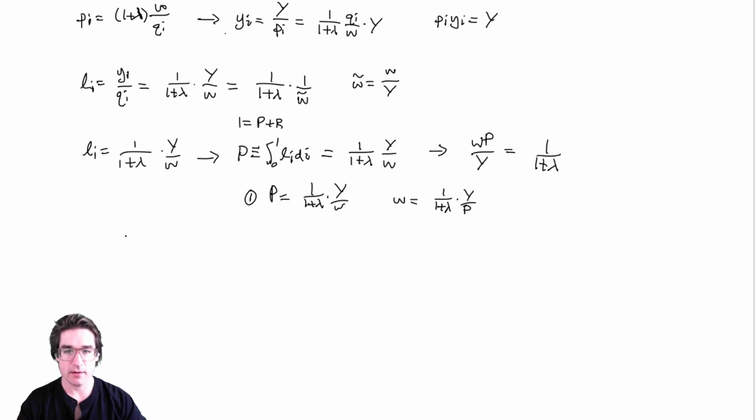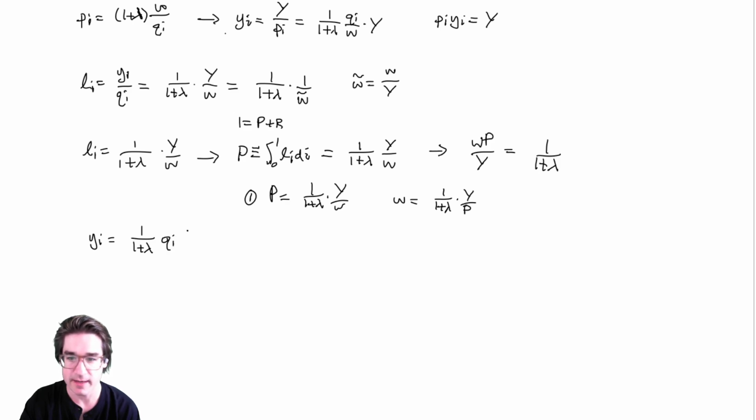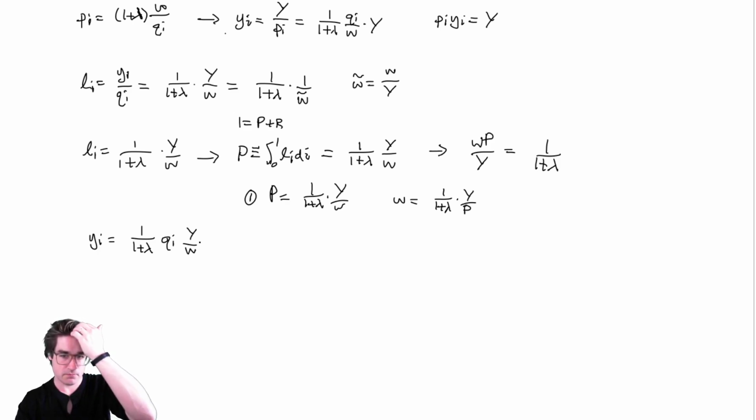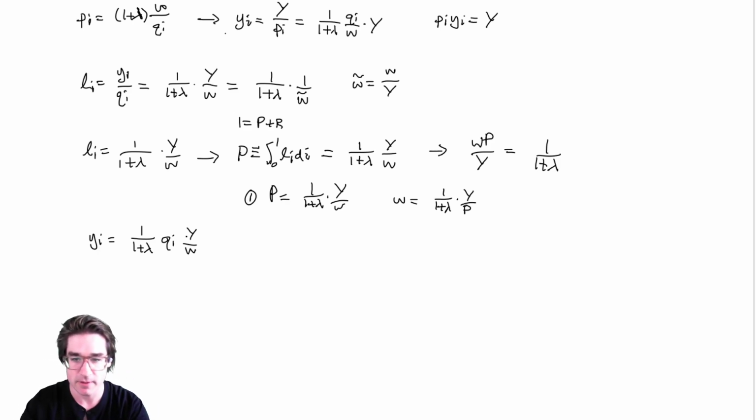All right, so let's look at Yi here. We did the labor aggregation. Now we're going to do the goods aggregation. So we're going to have this Yi, which is 1 over 1 plus lambda times Qi, and then times Y over w. If we want, we could plug in what we know so far.